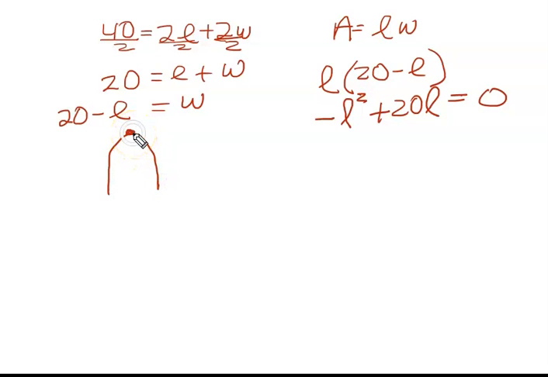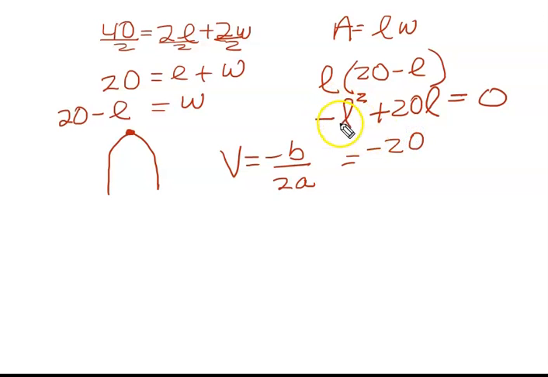So again, we're looking for a vertex, which will be the maximum. So the vertex formula once again, a negative b over 2a. So our a is, well, let's get to b first. Our b is 20, so a negative 20.